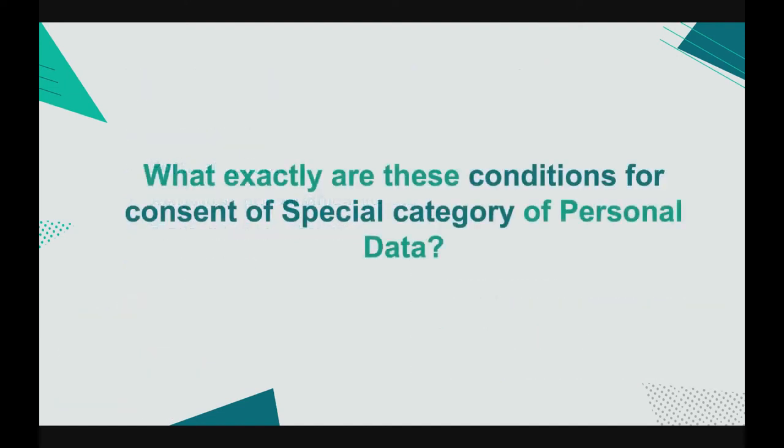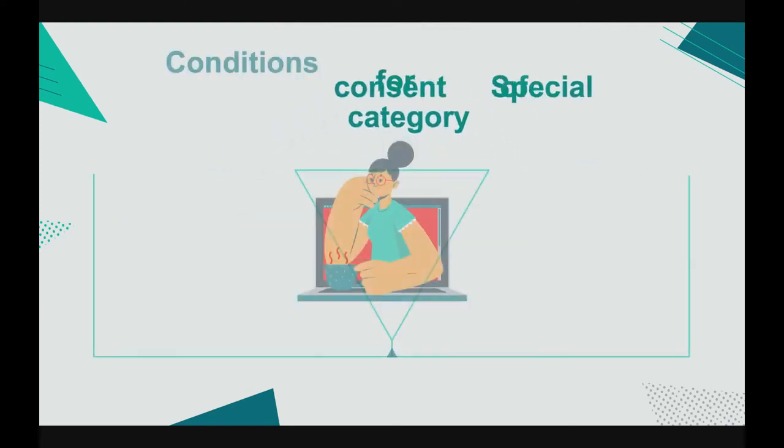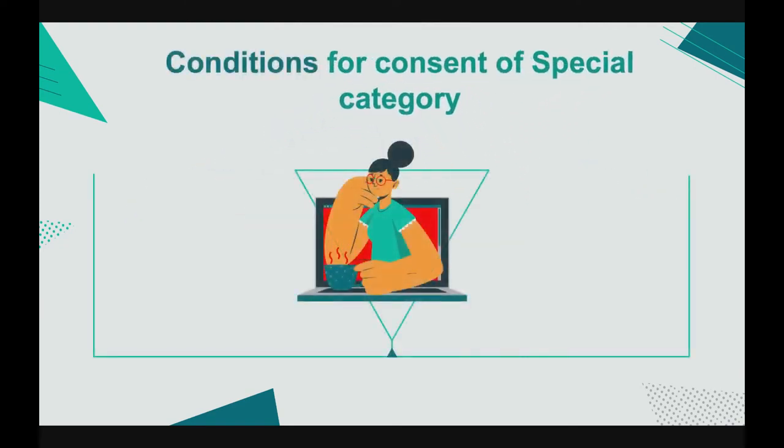Let's take a look at what exactly are these conditions for consent of special category of personal data. These conditions include, if the data subject has given the consent in context of a written declaration which also contains consent for other matters, then in this case, the consent for each matter should be clearly distinguishable from the other matters.